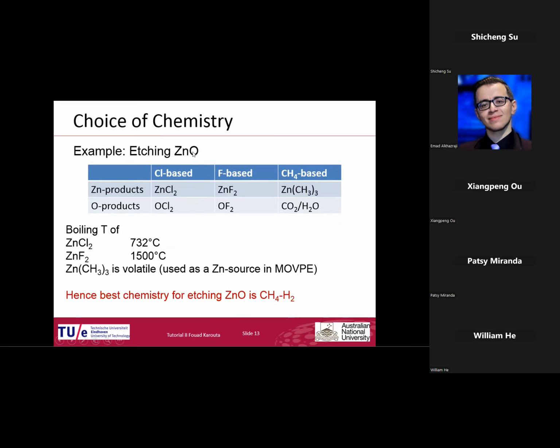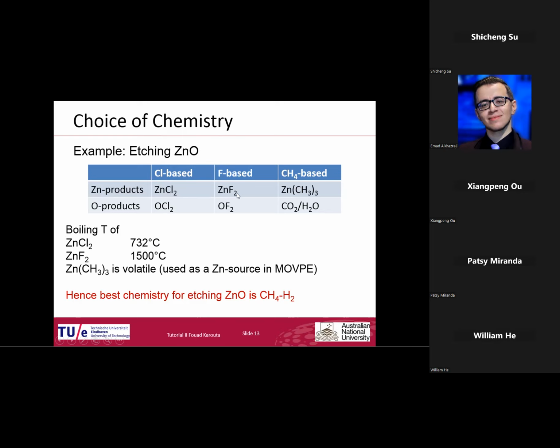In the next slide, I'm considering a material that I personally never etched. Zinc oxide is now taking more importance in the semiconductor industry as an ultraviolet light source as well. But if you want to etch zinc oxide with chlorine, you see the etching product is zinc dichloride. It has a boiling point of 732 degrees C, at 1 atmosphere.